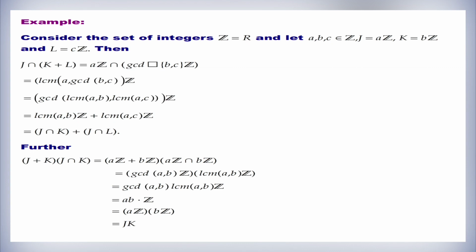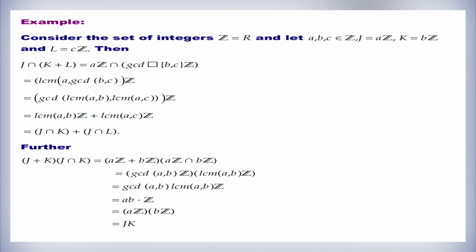Then J intersection (K plus L) equals AZ intersection (GCD of B comma C)Z, which is equal to (LCM of A comma GCD of B comma C)Z, which is equal to (GCD of LCM of A comma B, LCM of A comma C)Z, which is equal to (LCM of A comma B)Z plus (LCM of A comma C)Z, which is nothing but J intersection K plus J intersection L.